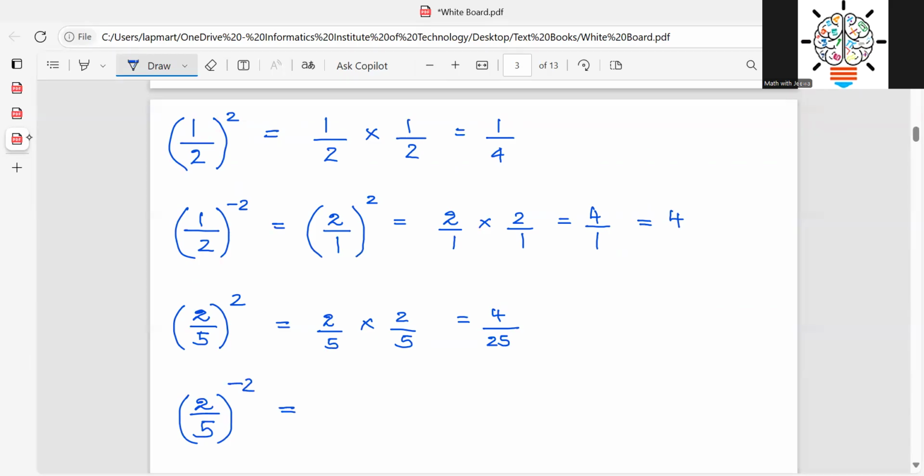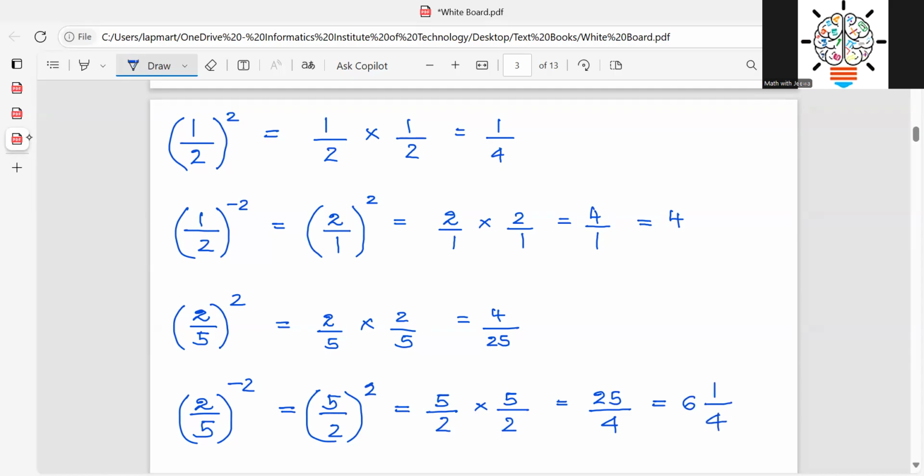So we get the reciprocal, which becomes 5 over 2. Now it is not negative 2, it is positive 2. So we write 5 over 2 multiplied by 5 over 2, which is equal to 25 over 4. If needed, you can simplify this and write it like this.